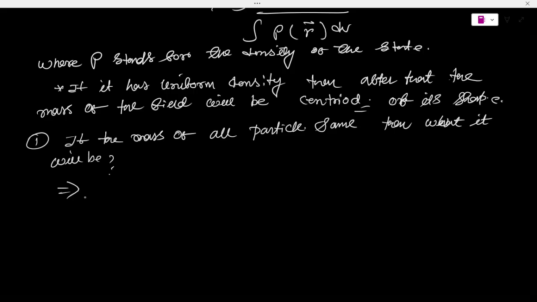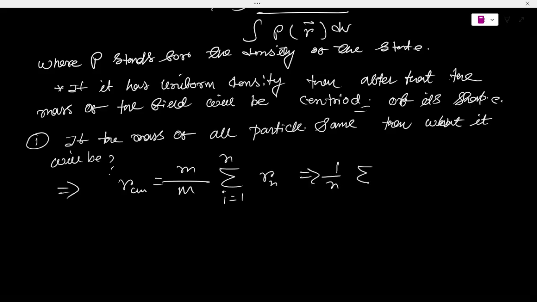Definitely it will follow that r of cm, the radius of the center of mass, is equal to 1 by M summation of i equal to 1 to n of m_i r_i, which equals 1 by n summation of i equal to 1 to n of r_i, because m_i is equal to m.